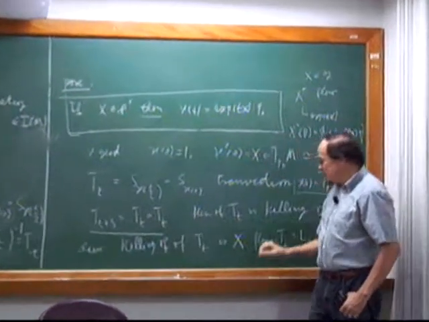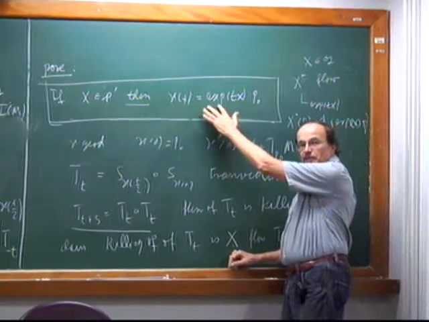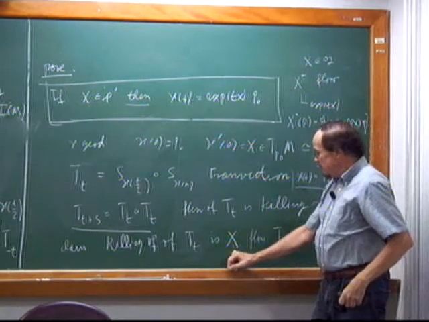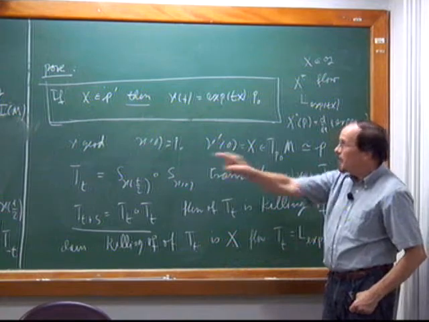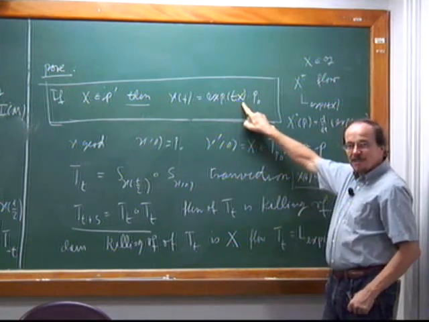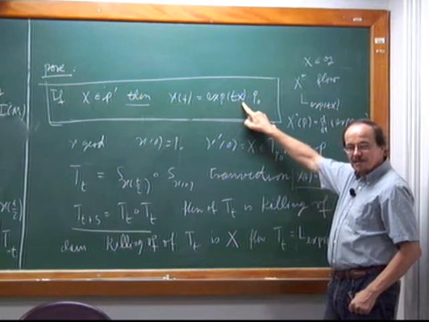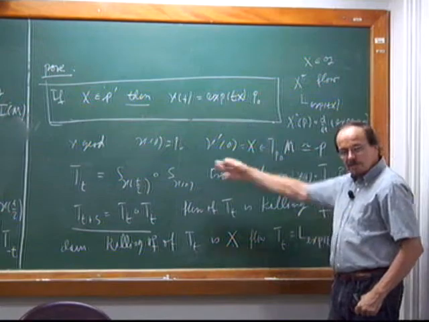It defines some Killing vector field. I call that X. And then I'm going to prove this property for that particular X. And what I proved was that X lies in P prime. And this is a flow of X, which is the transvections. So I'm doing it indirectly.